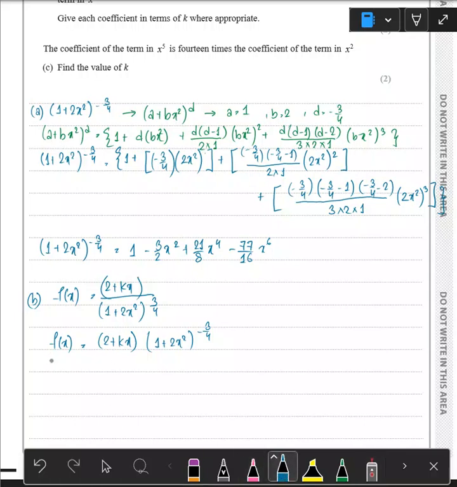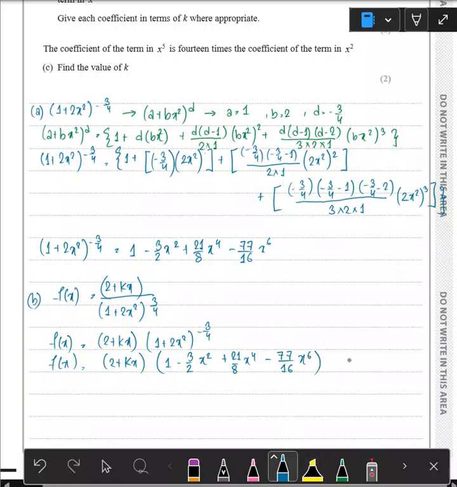So f(x) would be 2 plus kx multiplied by 1 minus 3 by 2 x squared plus 21 by 8 x to the power 4 minus negative 77 by 16 x to the power 6.